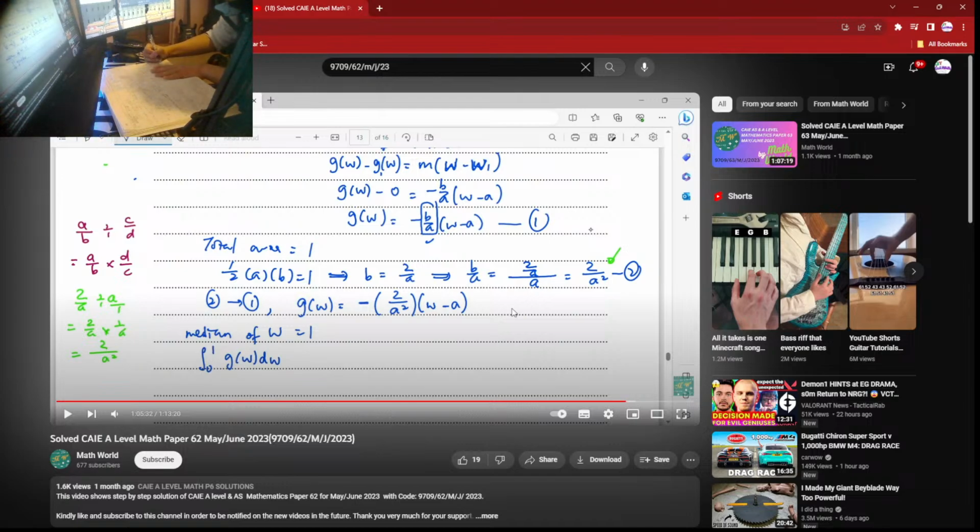Now from this, since median is 1, our integration from 0 to 1 of negative 2 over A squared, 1 minus A is equals to 0.5. And then from this, we integrate, taking A squared as the unknown.